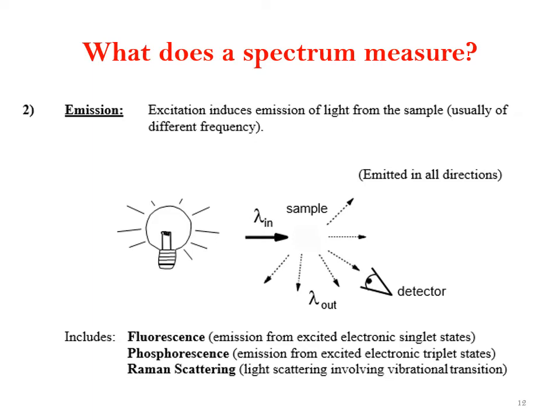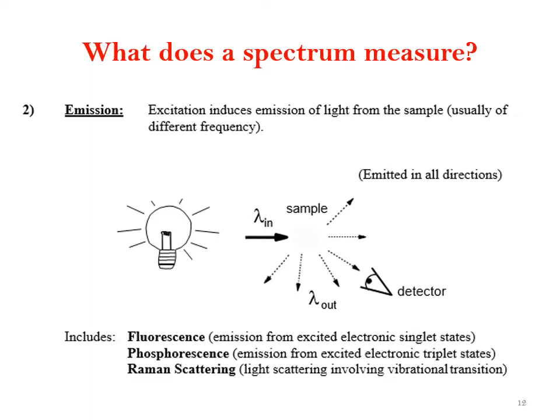So excitation induces emission of light from the sample, usually of different frequencies, and we scan the emitted light at different frequencies. This emission spectrum includes fluorescence, which is emission from an excited electronic singlet state, or phosphorescence, which is emission from an excited electronic triplet state or forbidden state. We may also have Raman scattering, which is light scattering involving vibrational transitions.